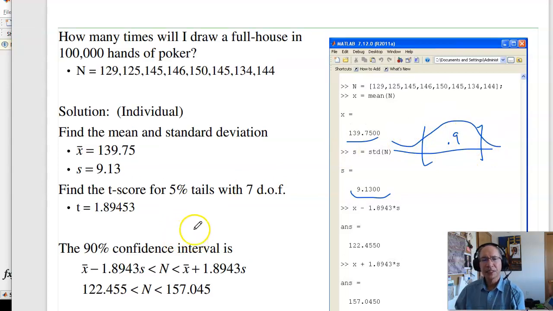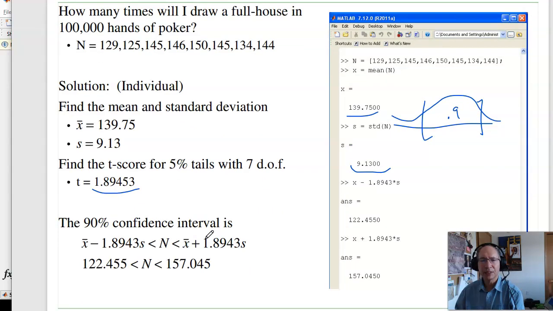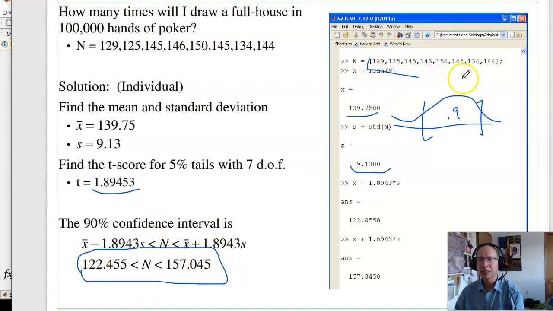From the t-table, again, I've got 7 degrees of freedom, 5% tails. That gives me a t-score of 1.89. So we need to go left and right 1.89 standard deviations, or I expect this number right here to be between 122 and 157 90% of the time.